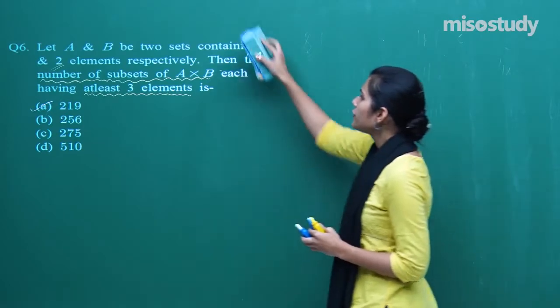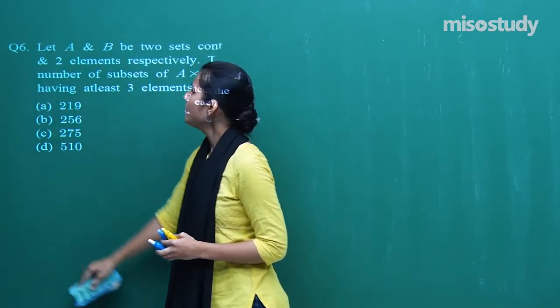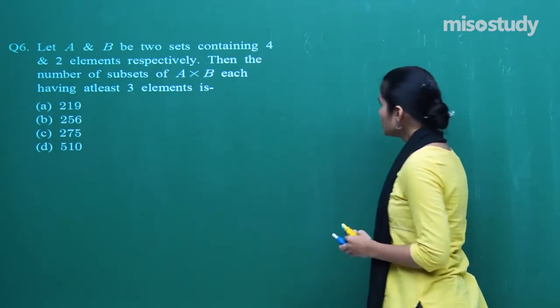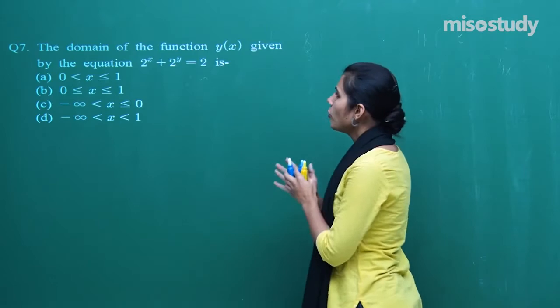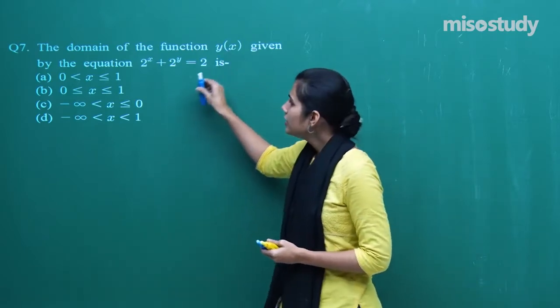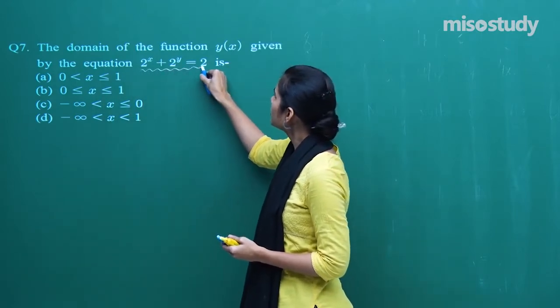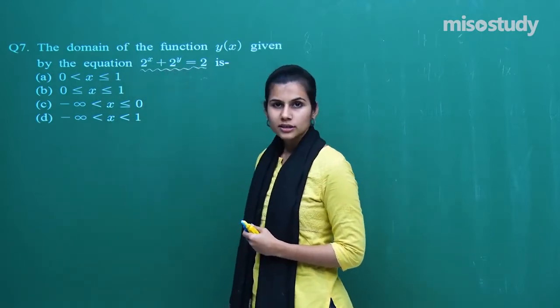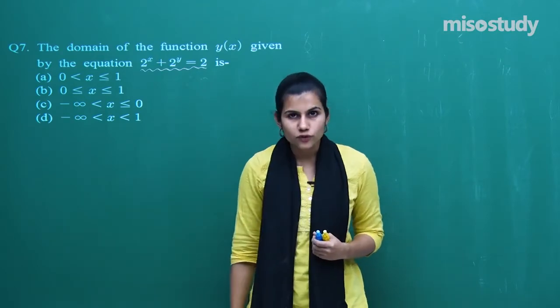And now we are through with question number 6 and on the venture to start question number 7. It says the domain of the function y of x is given by this equation. Well, this function is given in implicit form.